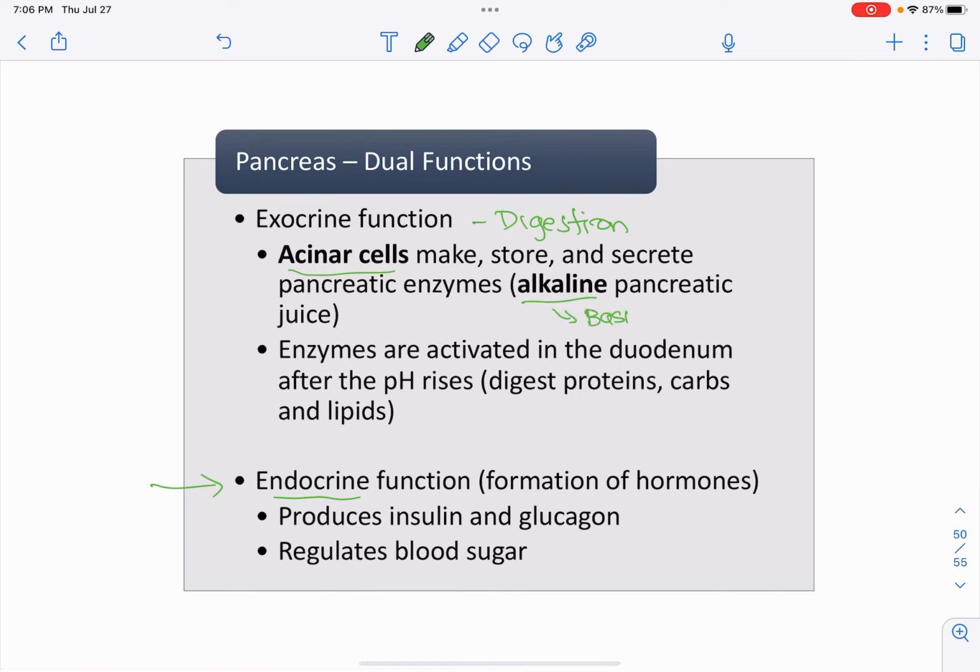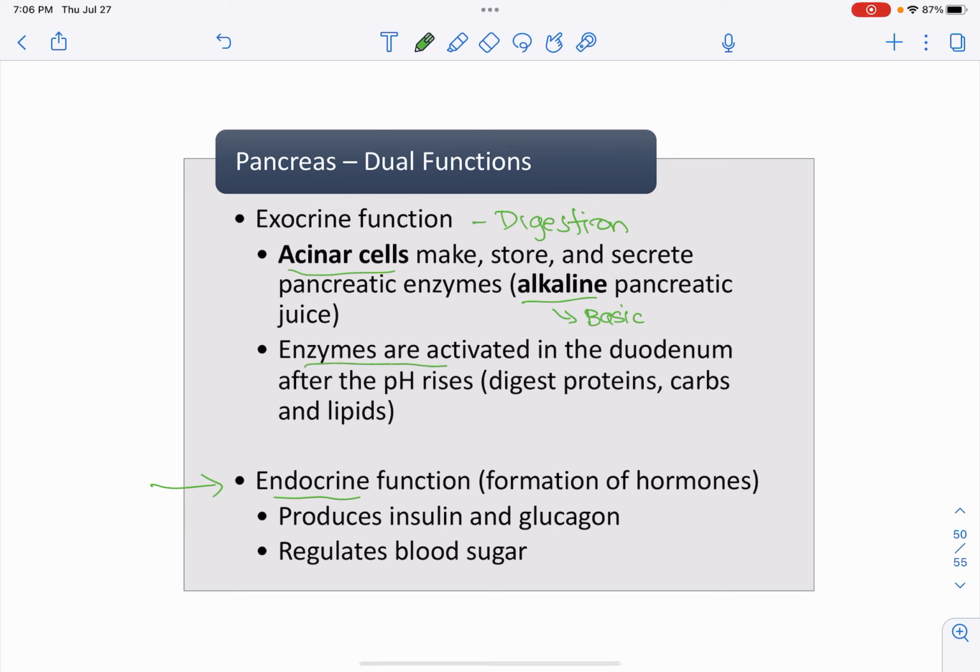They are going to help to raise the pH, because remember, the pancreas is also going to dump into the duodenum. And again, we're trying to raise the pH from that very acidic chyme that came out of the stomach. So the pancreas is going to release these enzymes that are in a very basic solution.